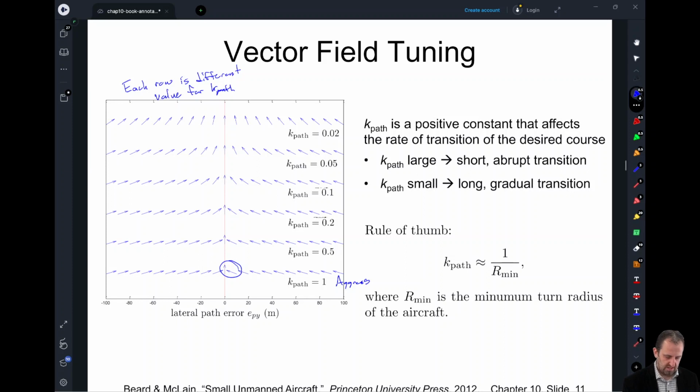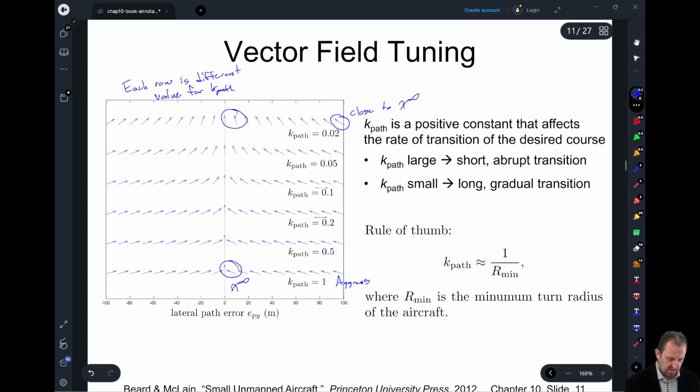If we're not aggressive, this is close to, and I should have put that here, we still look like, even though we're only a small deviation, we're still commanding that chi infinity. And then as we get close, this is not super aggressive. We are closer to chi sub q, so it has a smoother transition.